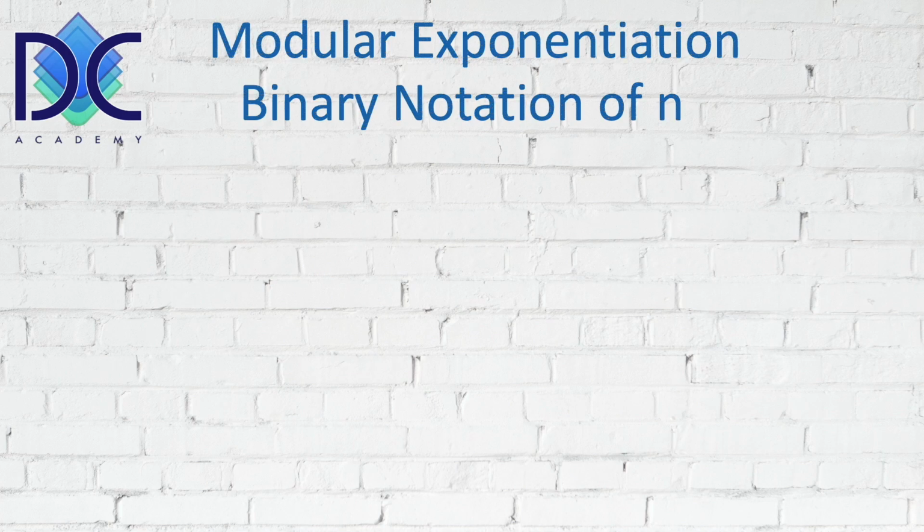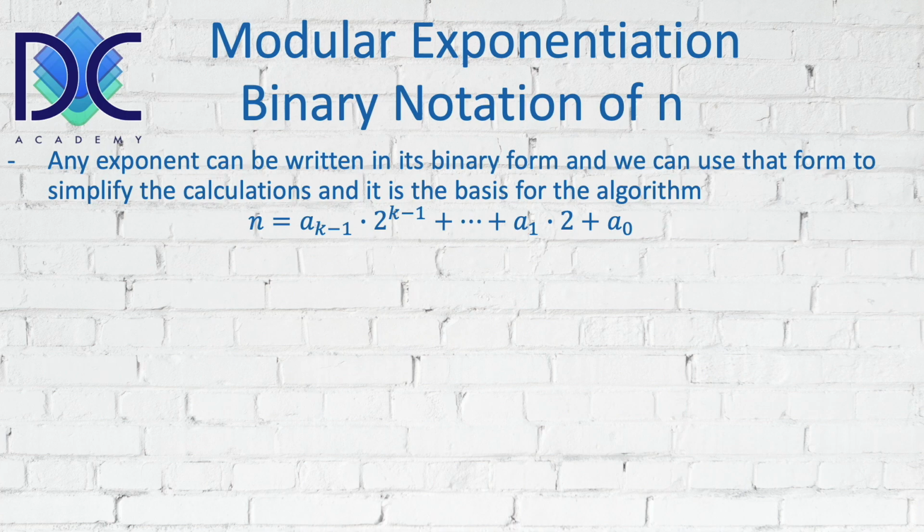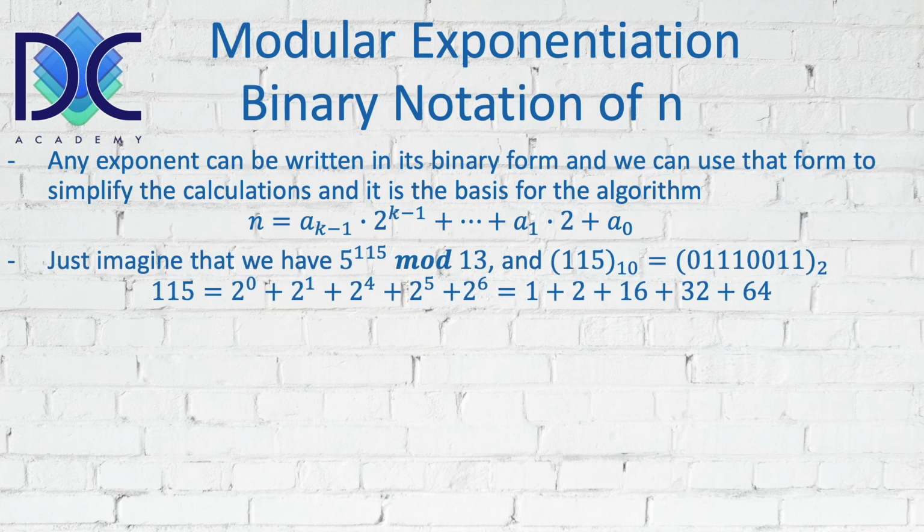Now, another number, when we have another number n, we can find the binary notation of that number. So basically, when we select a number, a to the power n, we can find the binary notation of n. So basically, when we say that we have 5 to the power 115 modulus 13, we can find that the binary expansion of 115 is 0, 1, 1, 1, 0, 0, 1, 1.